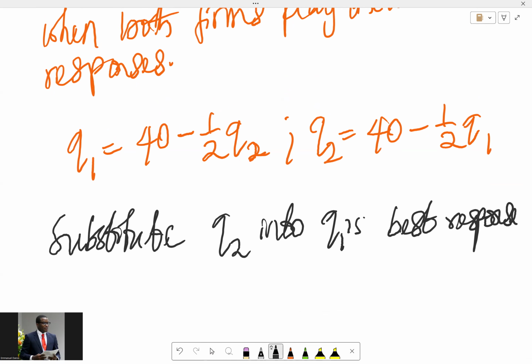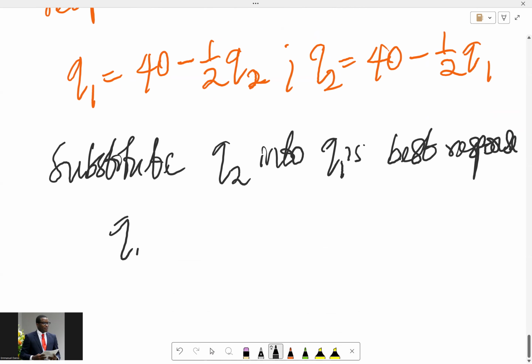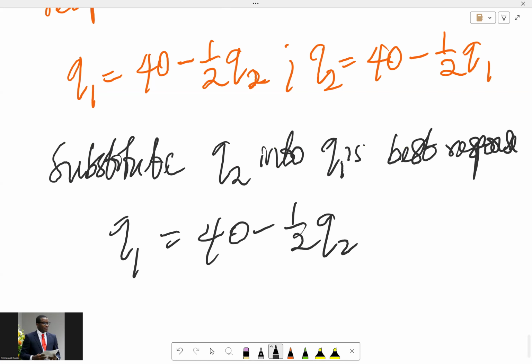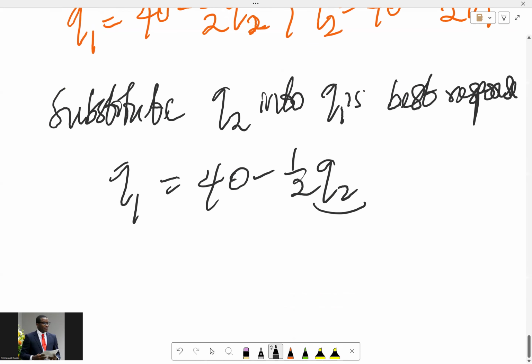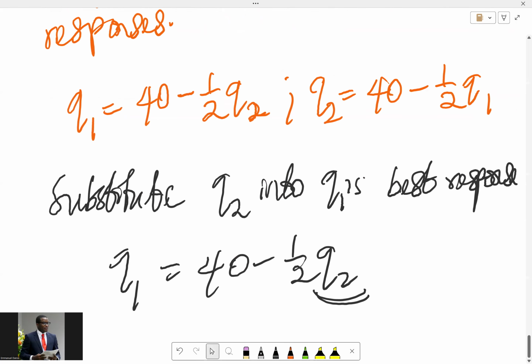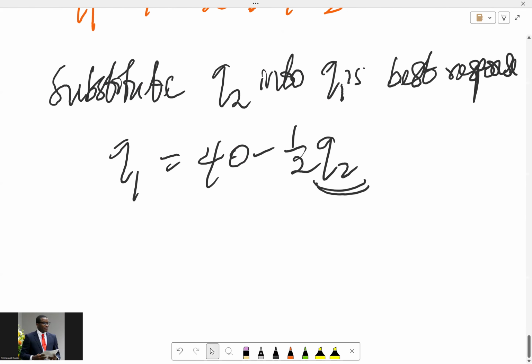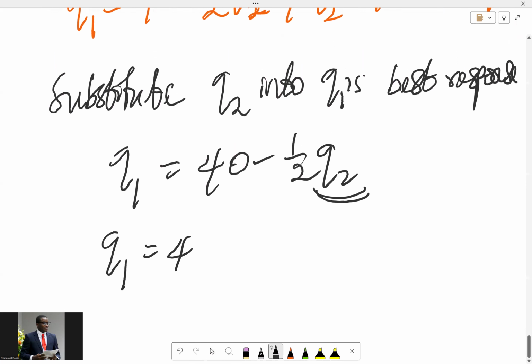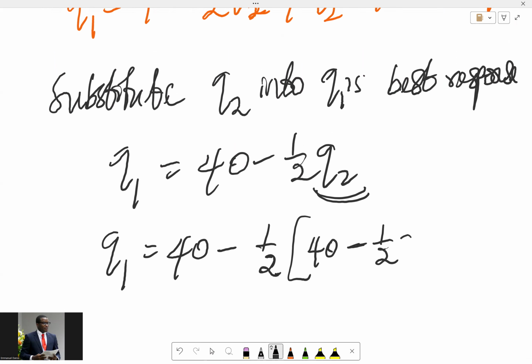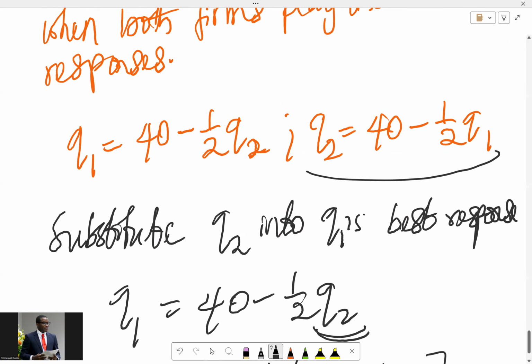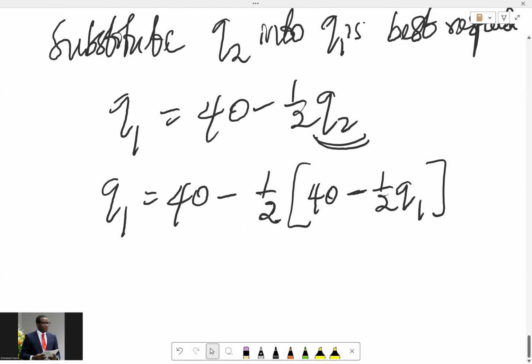That means q1 is 40 minus half q2. This q2 will be replaced by the expression for q2 in terms of q1. So we have q1 equals 40 minus half times 40 minus half q1. That's what q2 is. So we throw that into this place.